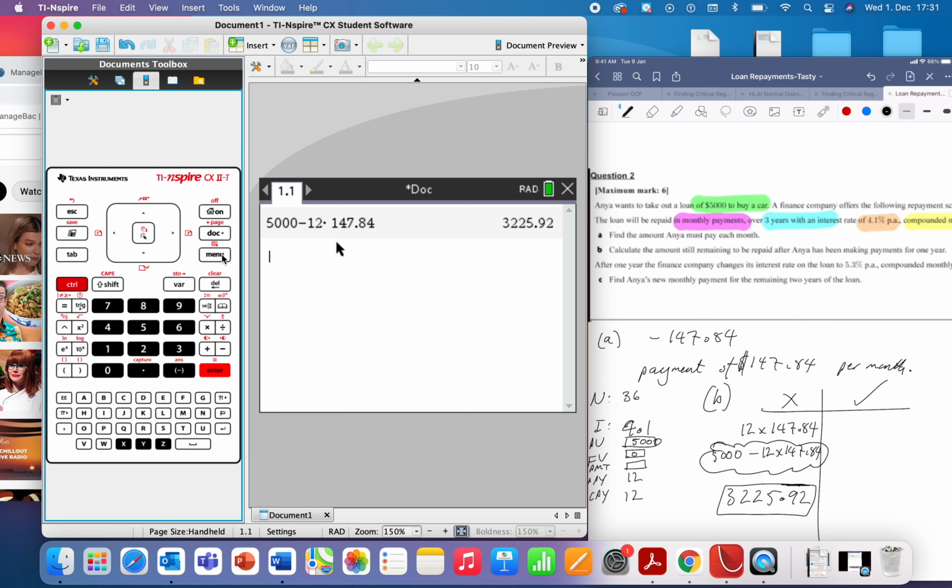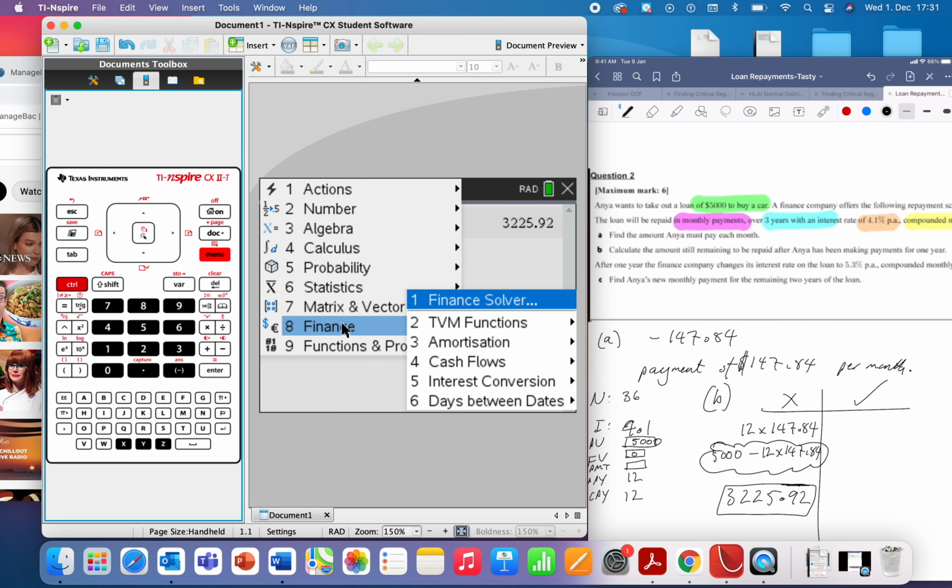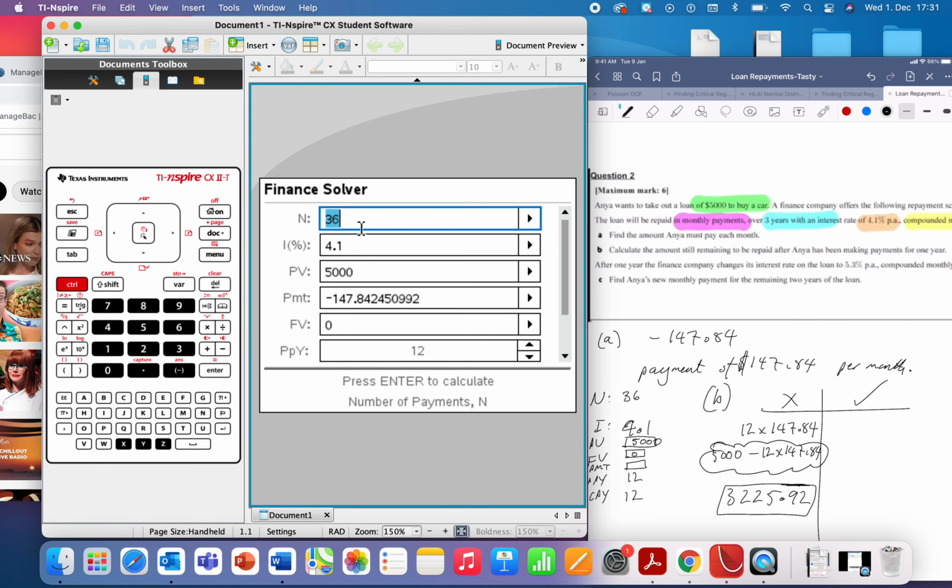So let's get that again. Menu, finance solver. And now here's the thinking behind the finance solver way. So the number of payments we've made is 12. So that's pretty obvious. The interest is 4.1%. The present value is the starting value for the loan, which was 5,000.